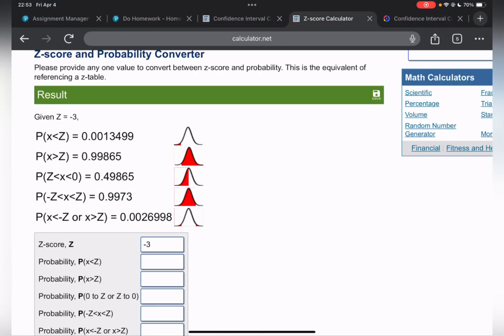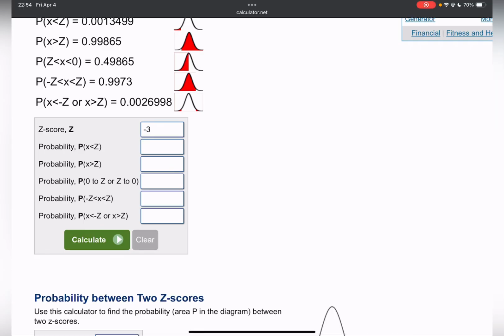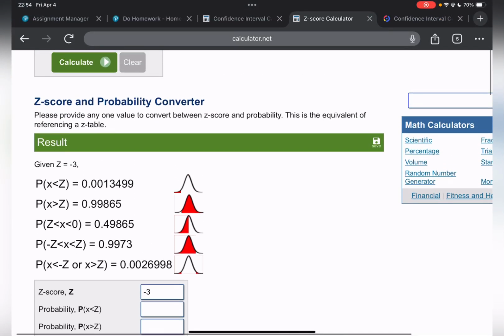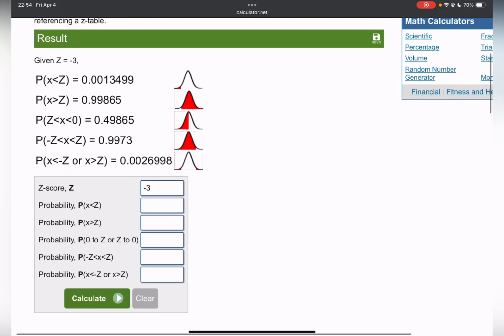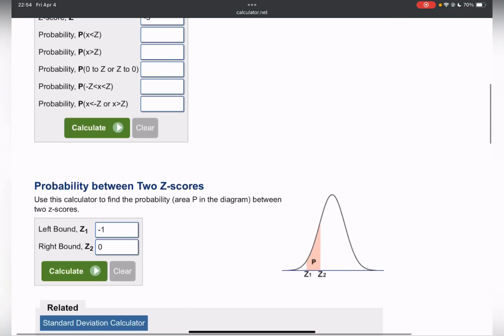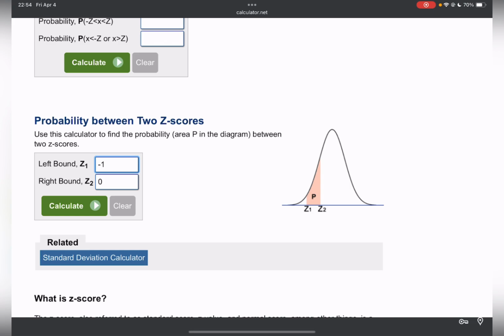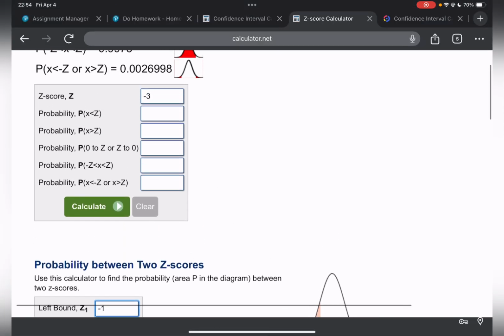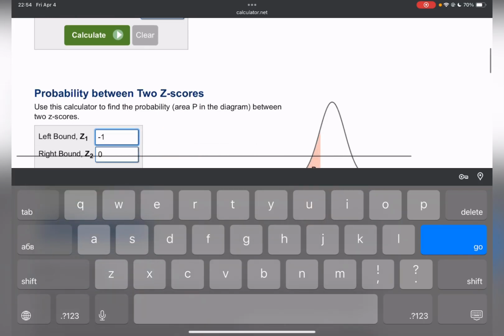Let's go to our calculator. Now I'm going to choose here between, let me see. Here, left bound, how much did we have? Negative 3, right? For 94, x is 94. It's negative 3.